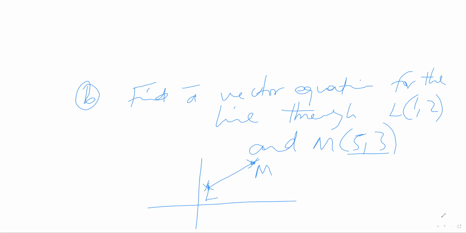And so we want to write a vector equation. I believe we're in that direction here. So this starting point here will be our A. Now remember, this is our A, which is 1, 2. So it is (1, 2) plus t. This direction vector here would be LM, guys.